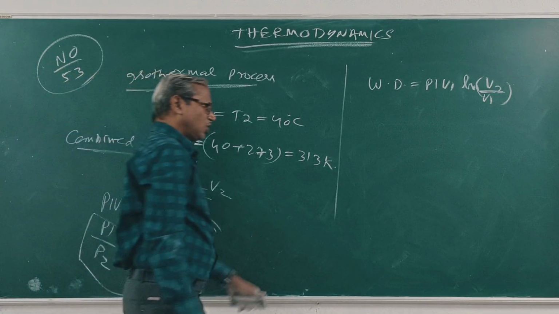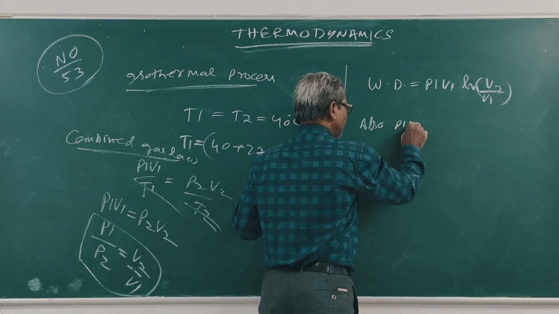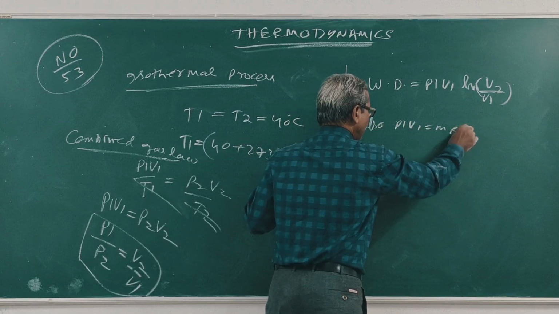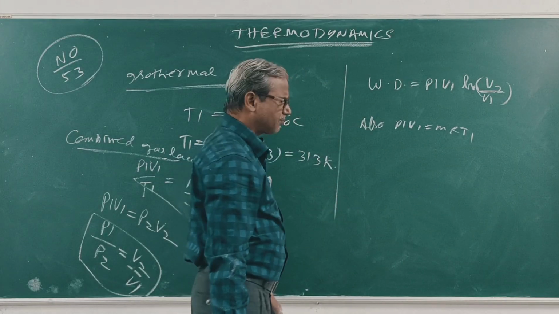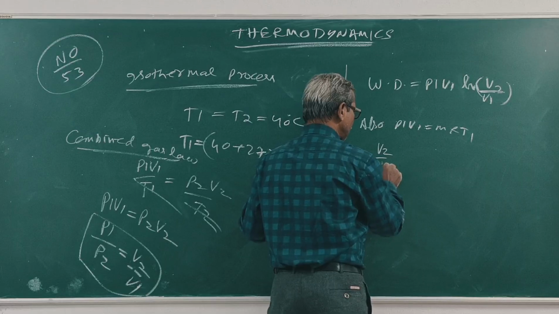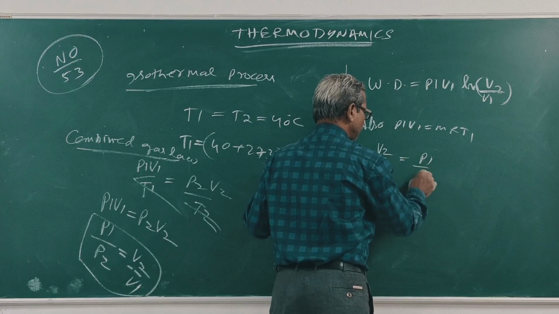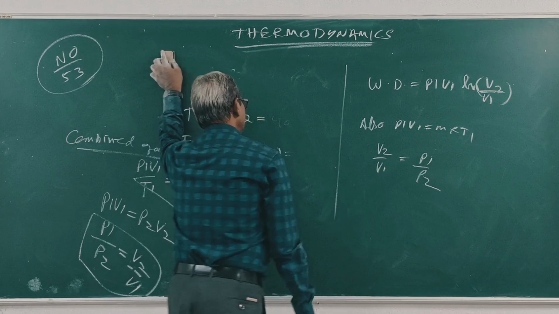Clear? Also, P1 V1 is equal to m R T1. So what is mass? 1 kg, per kg. And V2 by V1 is equal to P1 by P2. Clear?